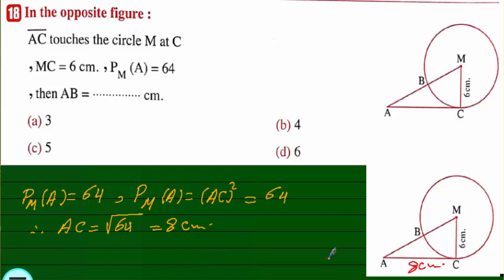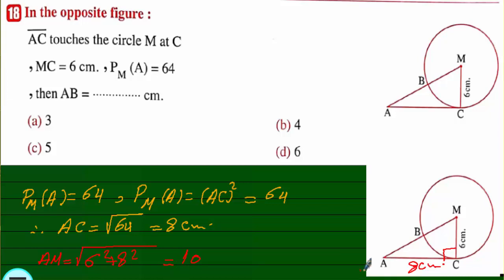And then concentrate in this triangle ACM. We have AC is a tangent and MC is a radius. So measure of angle ACM equals 90 degrees. And applying Pythagoras theorem, we get AM equals square root of 6 power 2 plus 8 power 2, which equals 10.